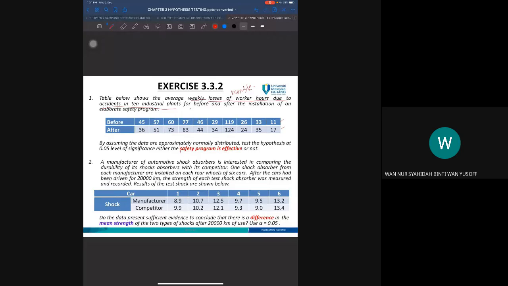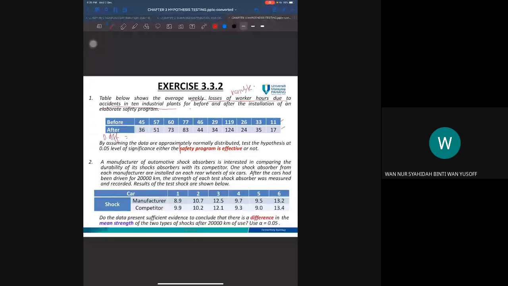When you have this kind of question, do not jump to the data difference first. We already know it is a dependent sample, but do not go straight to calculating the data difference, because which one minus which one is based on the hypothesis.